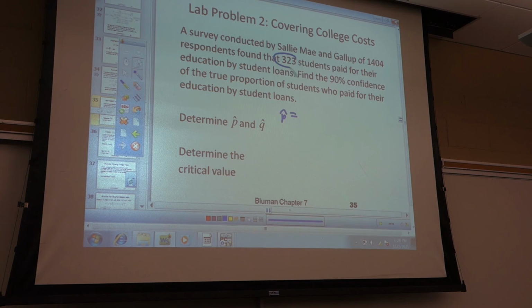I have 323 students who said yes, out of 1404. So 323 divided by 1404 is 0.230, which means that my q hat is going to be 1 minus 0.230, which is 0.770. And then my critical value, look it up on the table, 1.645. Okay, sounds good.